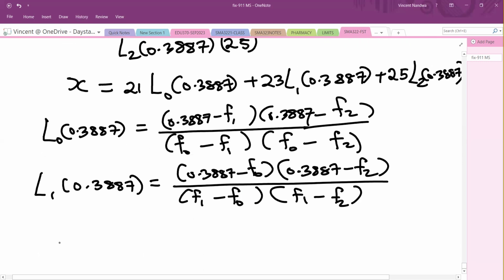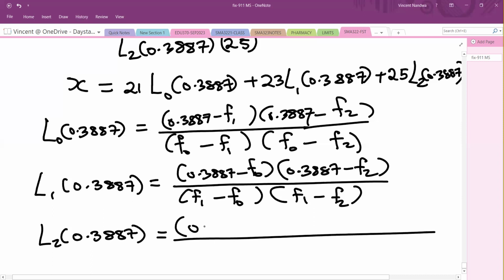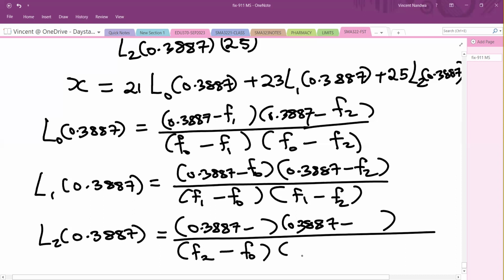And then lastly, L2 of 0.3887 will be 0.3887 minus f naught, 0.3887 minus f1, over f2 minus f naught, and then f2 minus f1, correct?